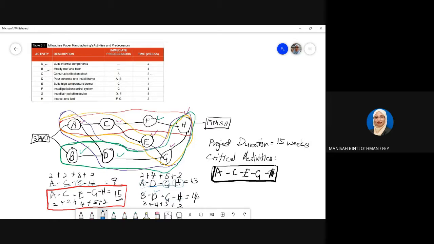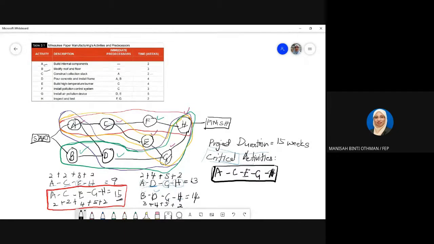In this course we only discuss how to identify the project duration and the critical activities. So based on this, A, C, E, G, and H are the critical activities. You have to manage these activities properly.